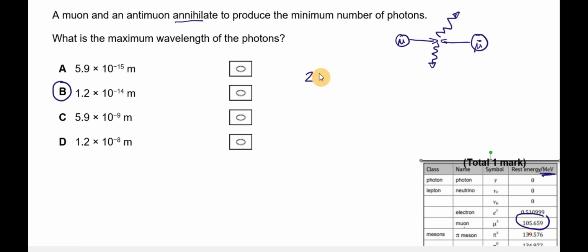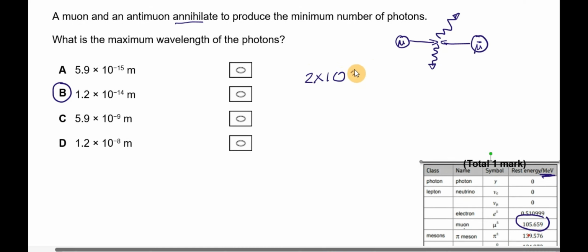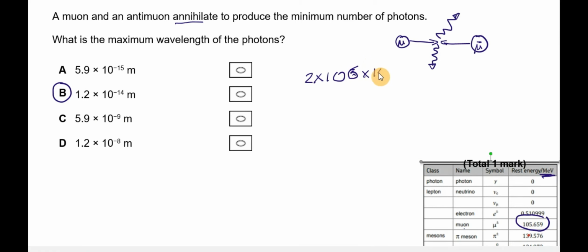So the rest energy I have is going to be 2 times 106 mega electron volts, but I need to multiply that by the charge on the electron to find the amount of energy in joules. And that's going to give me 3.4 times 10 to the minus 11 joules.